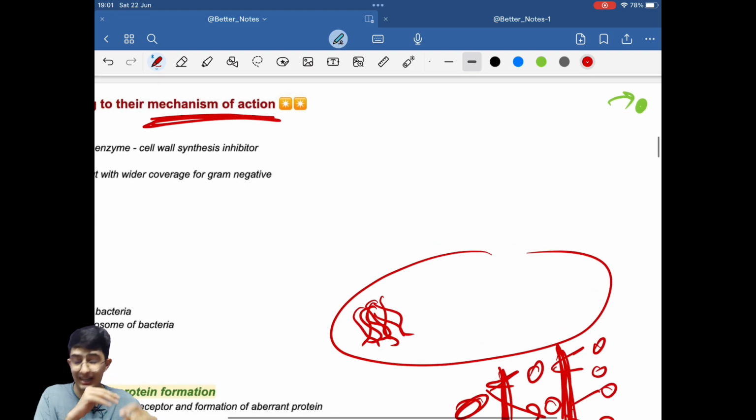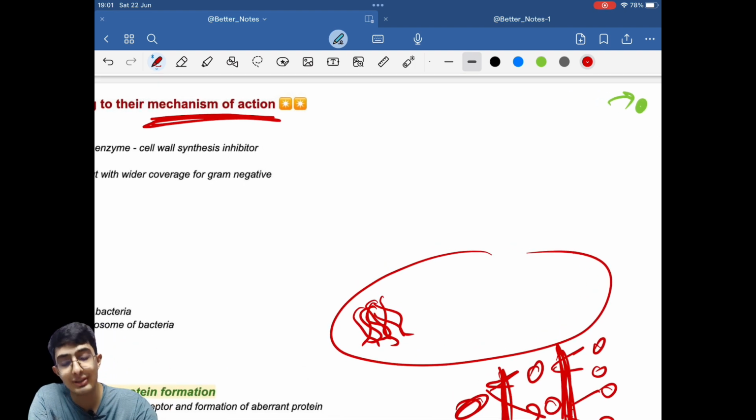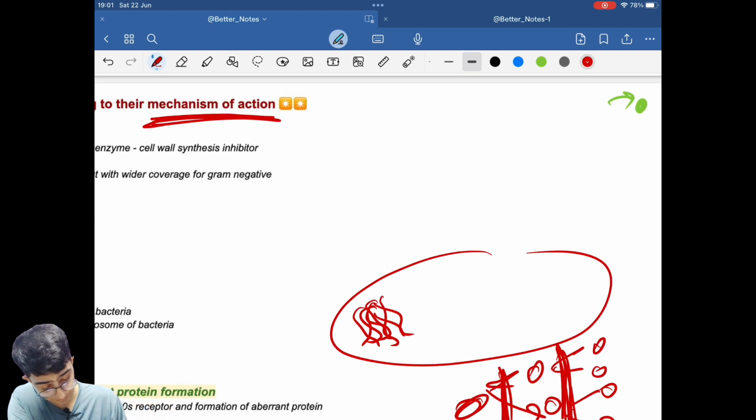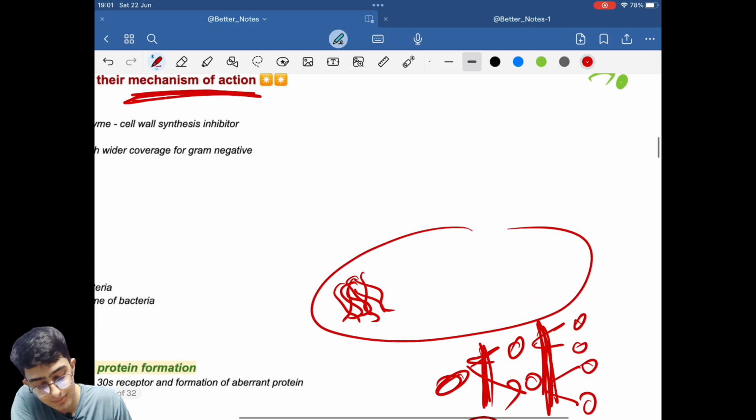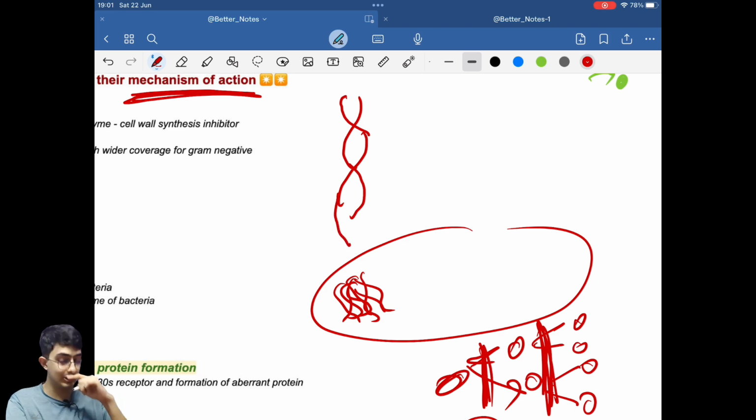If you studied this in first year, in the process of DNA replication, this is your DNA, present in a helical, twisted structure.